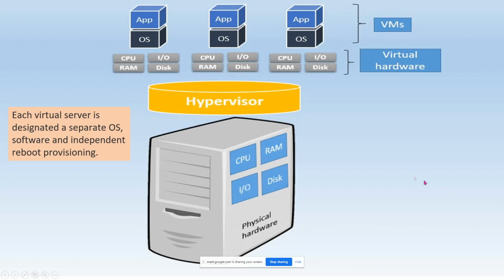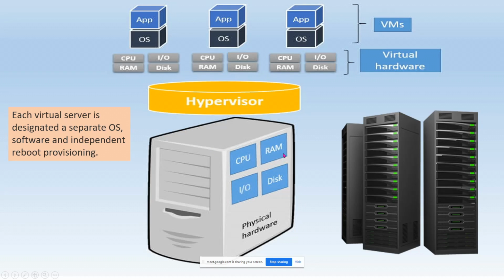Yeah, the job of this hypervisor is to assign the computing power from the physical server to the virtual server. The virtual server is nothing but a machine which is actually borrowing the computing power from the physical hardware behind the scenes.